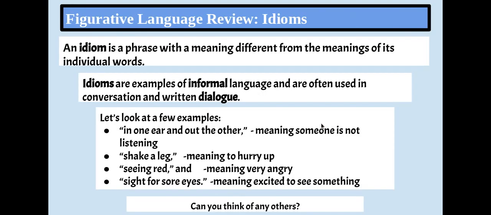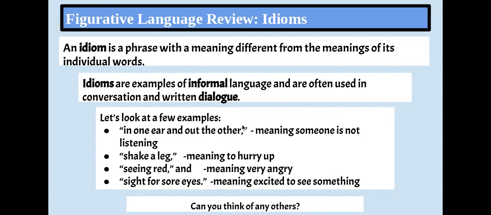Now, before we get into everything going on page 211, we are going to give you a quick reminder on a couple of things. We are going to be reading a story today that's got an idiom in it, and an idiom is a phrase with a meaning different from the meaning of its individual words. If I look down at my examples, it says in one ear and out the other.